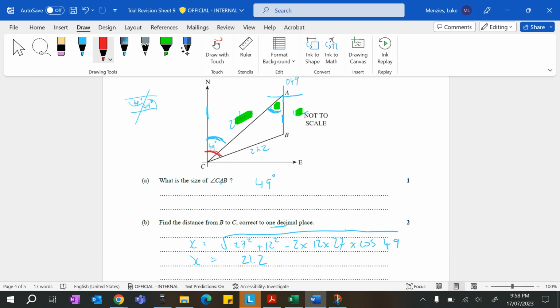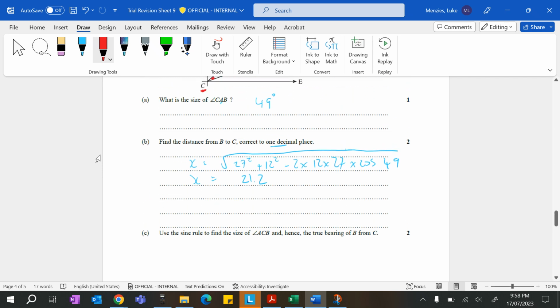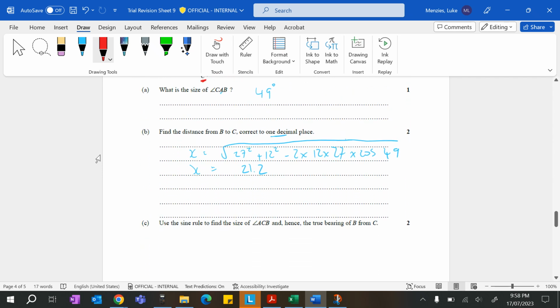If I can find this little angle in here, I should be able to add that onto my 49 to find the bearing of B from C. Because it's saying from, it's saying this is where you're going from, and I want to walk in that direction of B. And my hand movements, I realize, are just useless at the moment.